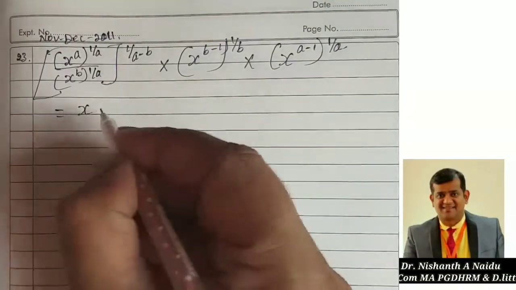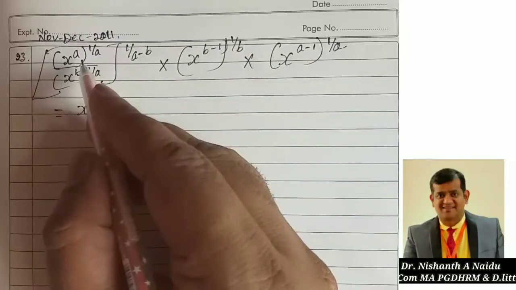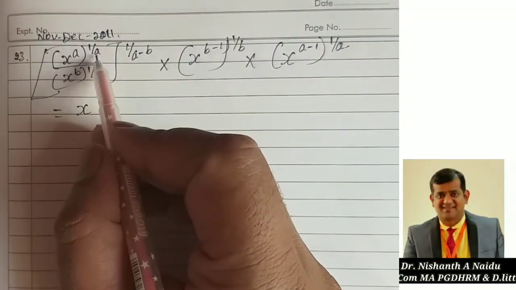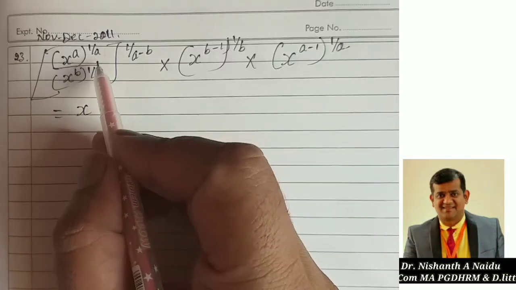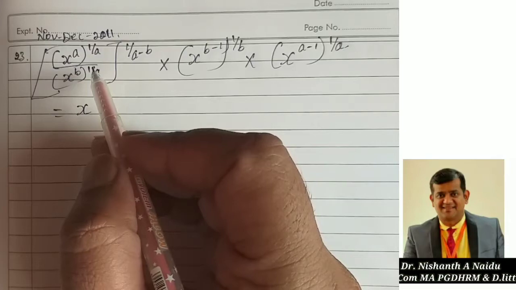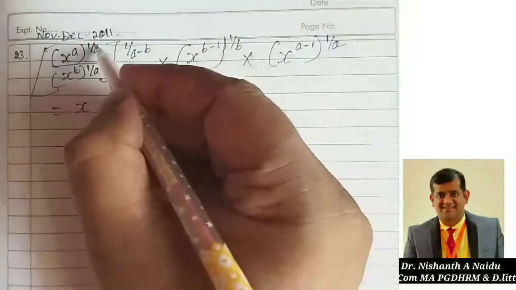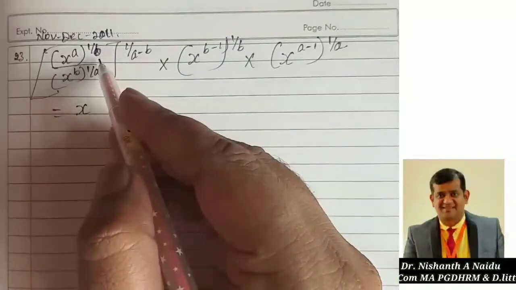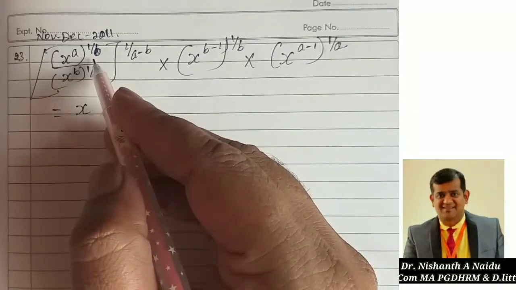So now x to the power a, whole power 1 divided by a is there, correct? And 1 divided by b, it is not a, this is b and this is a, okay, 1 divided by b. So now let us simplify.